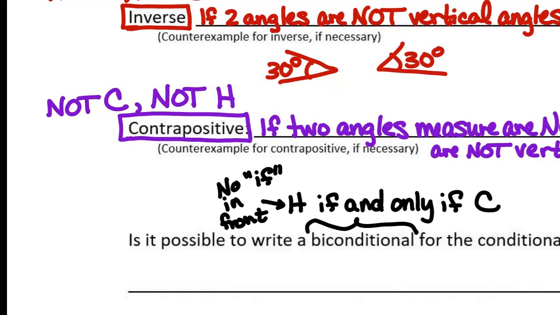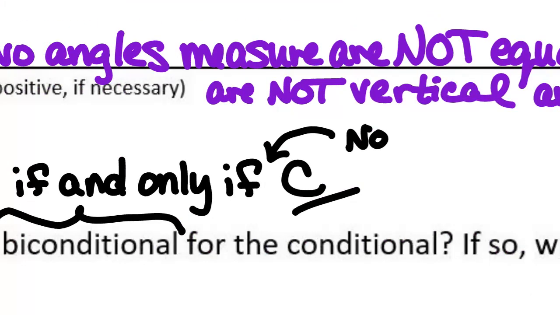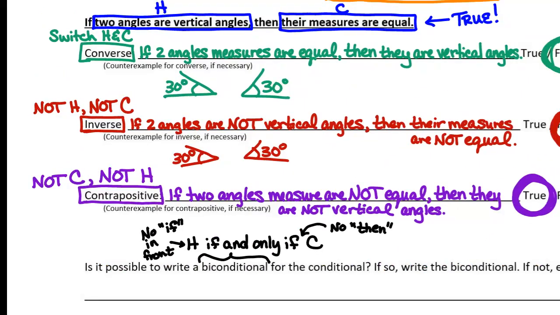So instead of saying if two angles are vertical angles, I would just say two angles are vertical angles. And then I would put in the if and only if, and then I would have my conclusion, but it would not have a then with it. So a biconditional statement, I'm not going to have the if and the then. Separating my hypothesis and my conclusion is going to be the words if and only if.